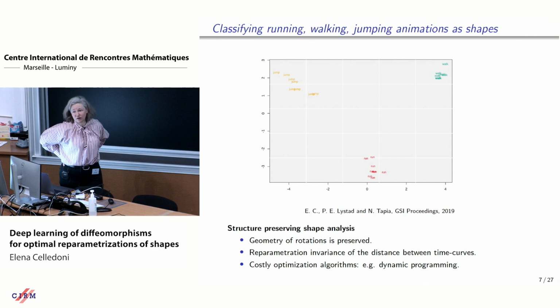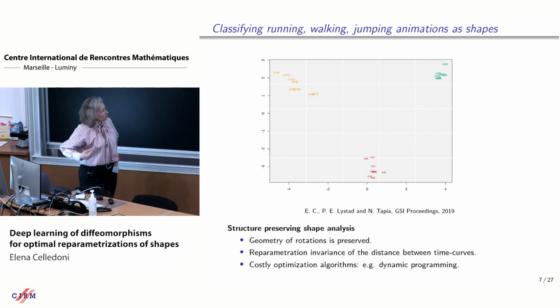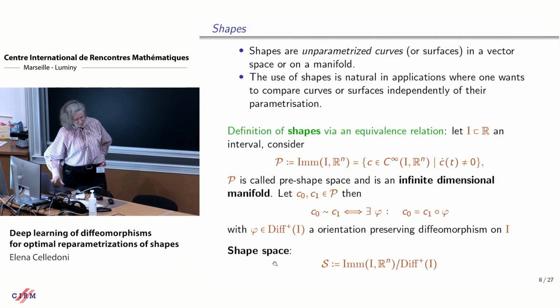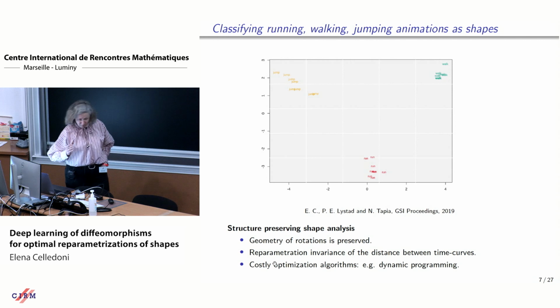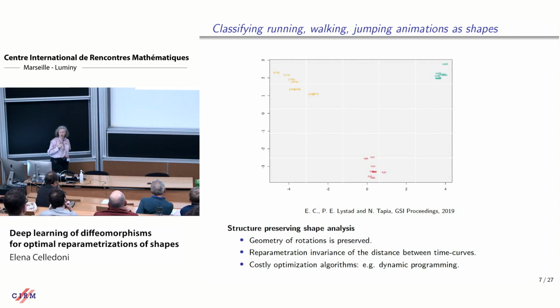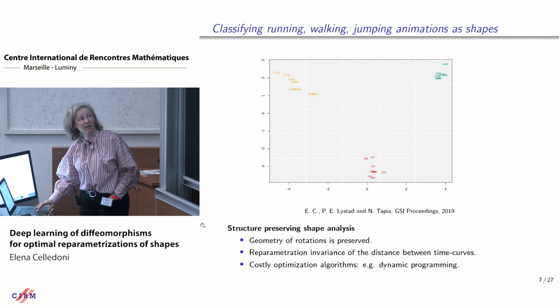And how is this achieved? This is achieved by using shapes, by looking at curves as unparametrized curves, but also using the geometry, using the fact that you have curves on SO(3) and taking that into account. So this is very much in the spirit of structure preservation.